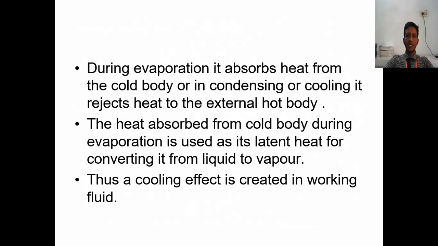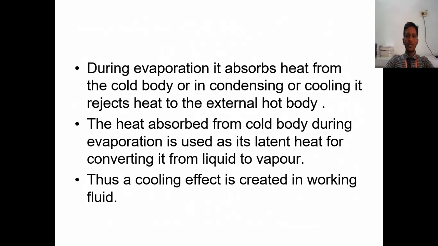During evaporation, the refrigerant absorbs heat from the cold body, and in condensing or cooling, it rejects heat to the external hot body. Here the external hot body may be the surroundings. The heat absorbed from the cold body during evaporation is used as latent heat for converting the liquid form to vapor form.